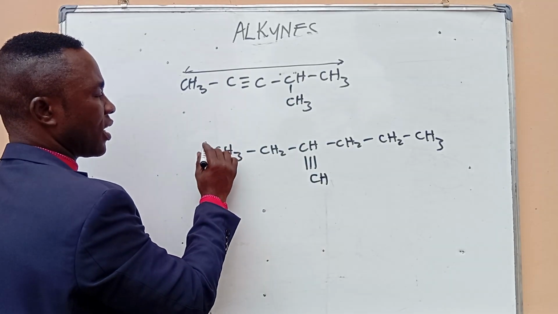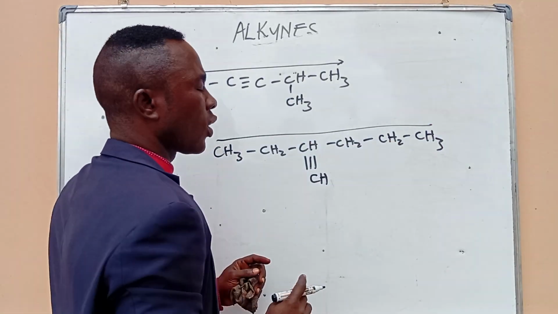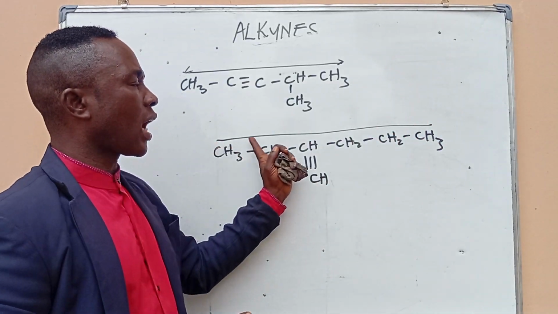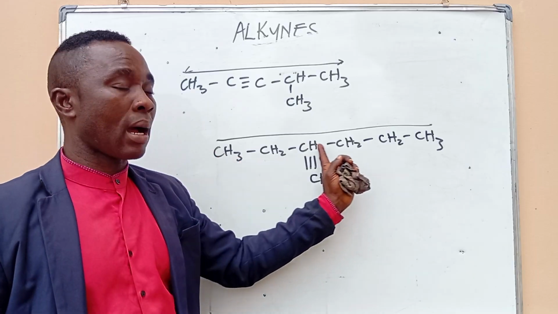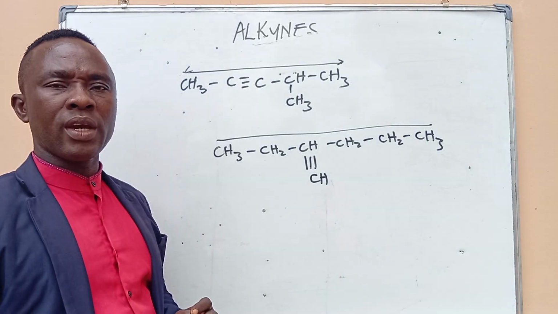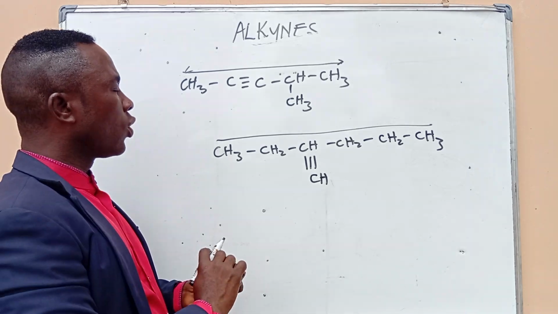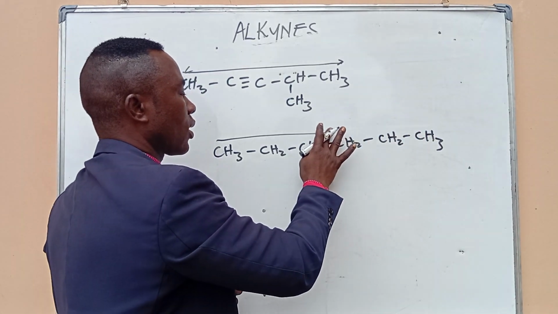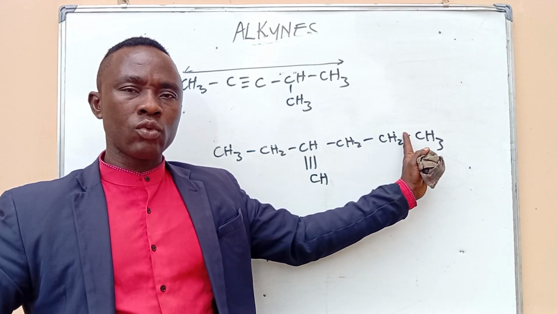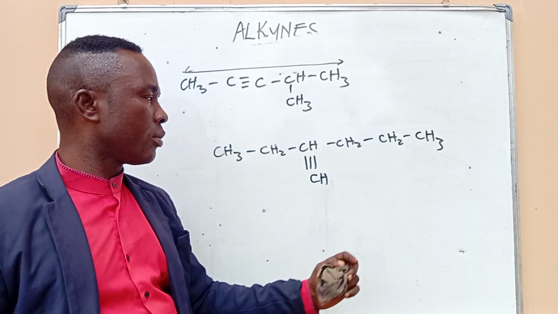Now from here to here does not have any triple bond. Although it is the longest carbon chain, it does not bear the triple bond, so we are not taking it as the longest chain. Any unbroken carbon chain that we choose must contain the triple bond.